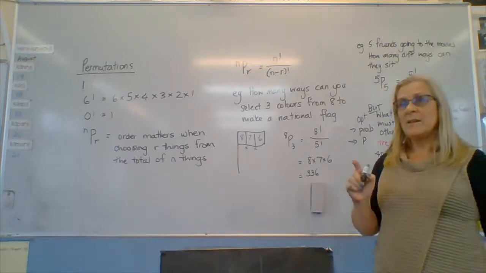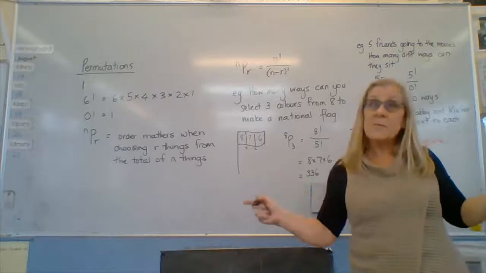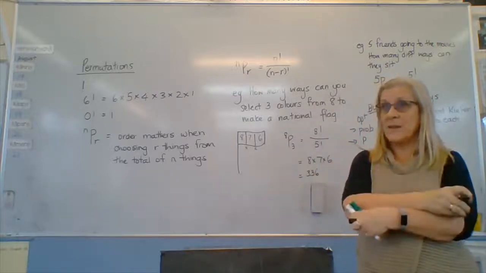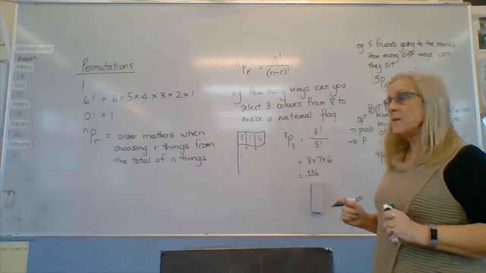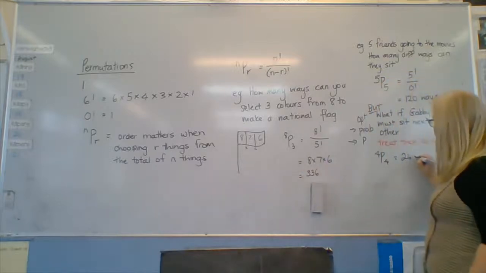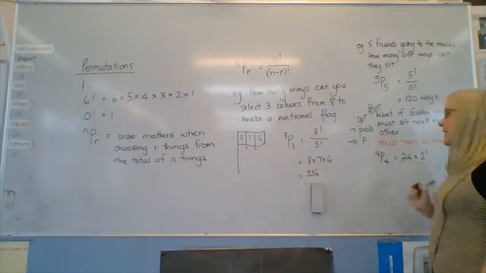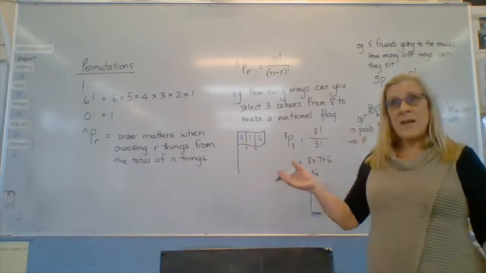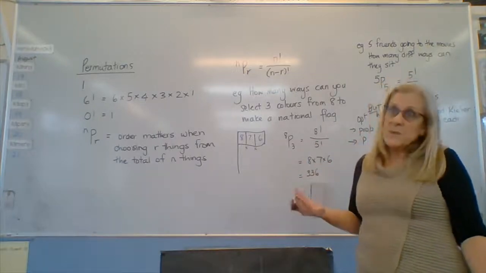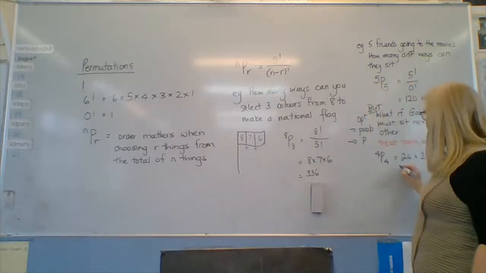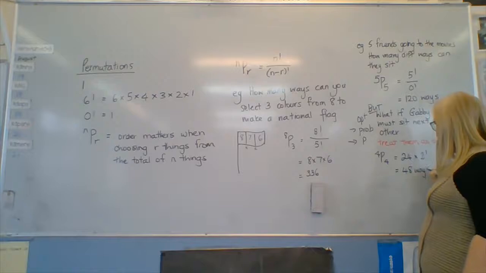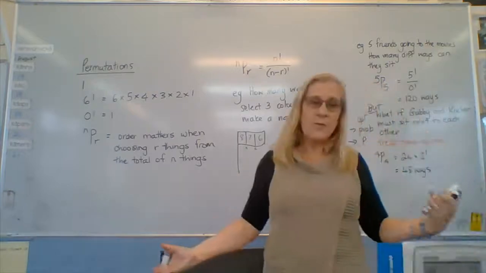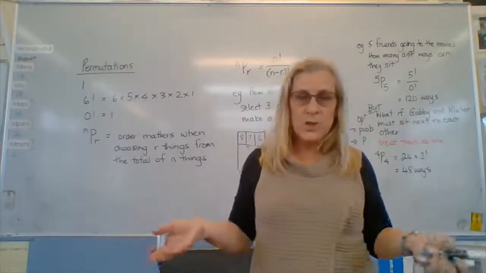But it might matter who's sitting next to them on the other side, and they might want to switch over. So we have their combination in there as well. So we're going to multiply that by the number of ways that Gabby and Kiefer can sit down. In this particular case, 2 factorial is 2, so it's going to be 48 ways. So they can sit on the left and right, or on the right and left, whichever way round.